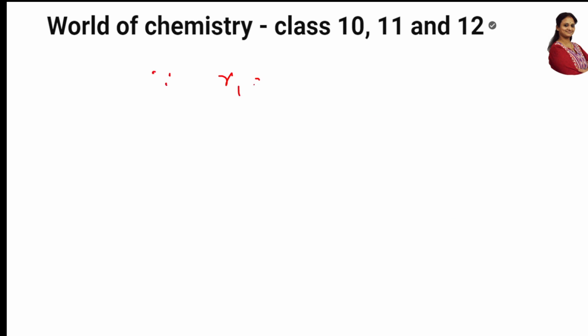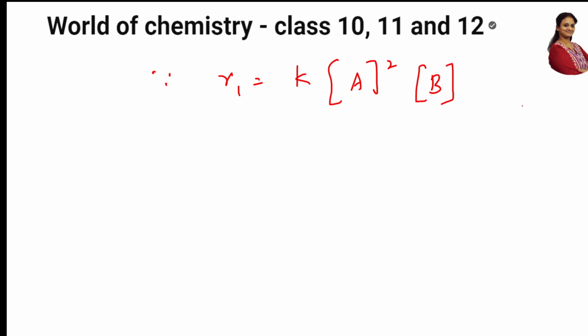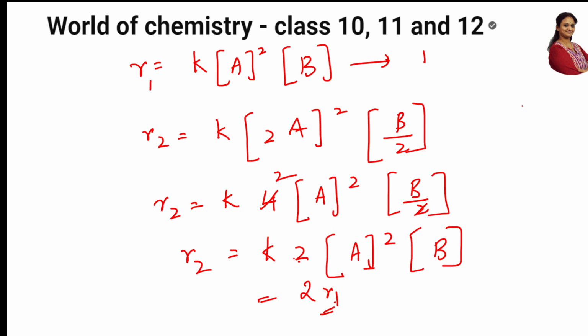Since R1 is equal to K into A squared B, correct? R1 was the initial thing, right? So when I have seen this, R2 is twice of R1. This complete concept is showing R1, right? A squared B. So R2 is twice of R1. R1 is nothing but A squared B. Correct, na? So what answer will I write?